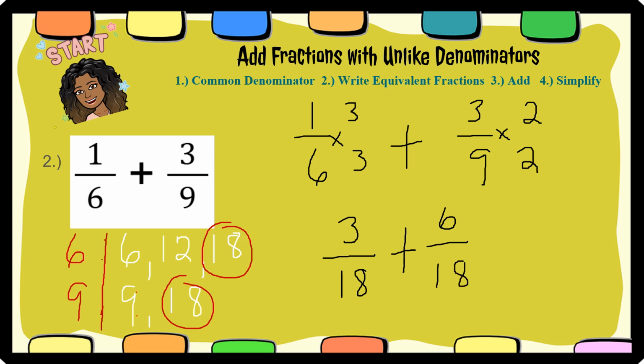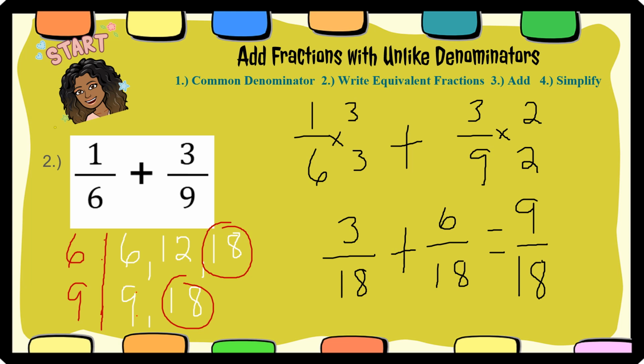So we have done step number 1. We found the common denominator, which was 18. We did step 2. We rewrote the new equivalent fractions, which are 3/18 plus 6/18. And now we're going to do step 3, which is to add both of them. So 3 plus 6 gives us 9/18.